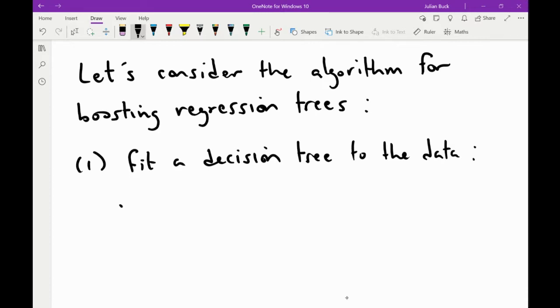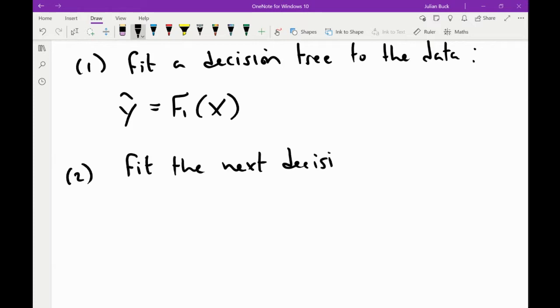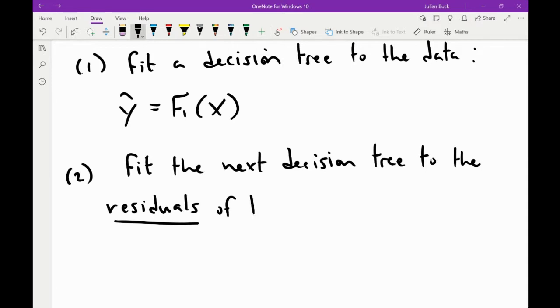Let's call this y hat equals f1 of x. So f1 is just the name for model 1, x is all the features, and y hats are predictions. Number two, fit the next decision tree to the residuals of the previous tree.